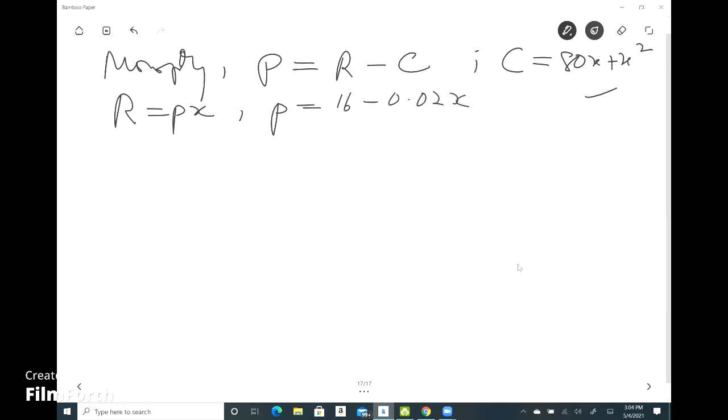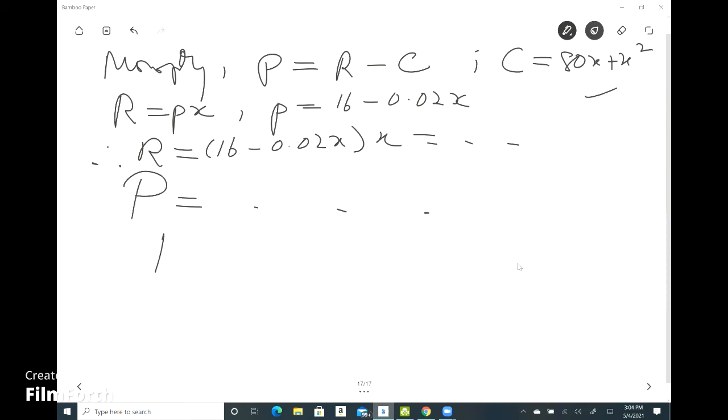So when the price is a variable, we are looking at what? We are looking at the monopoly market. So how do you get the revenue? Therefore, your revenue will be equal to 16 minus 0.02x times x. You got that? And of course you find the revenue, and then you can get the profit equal to whatever.